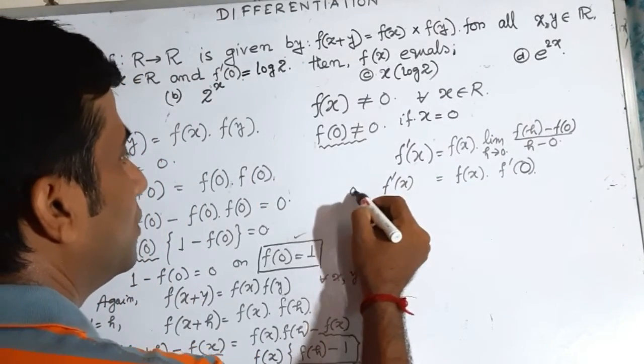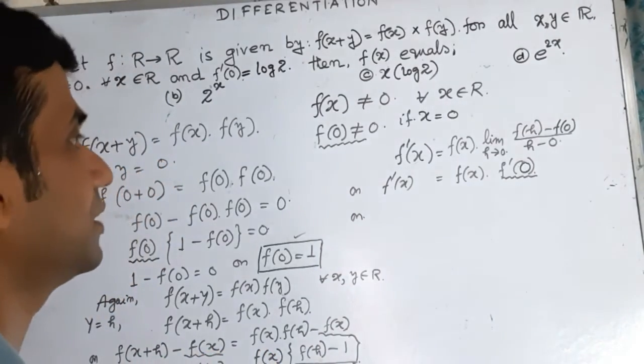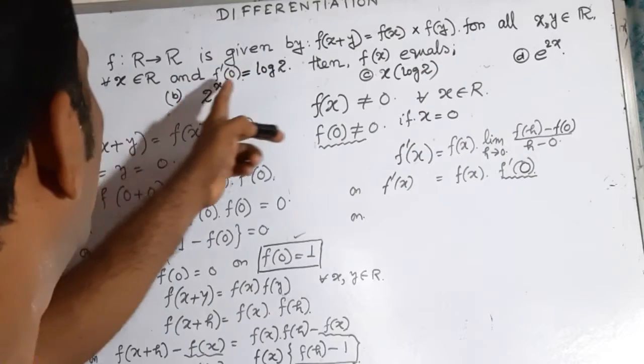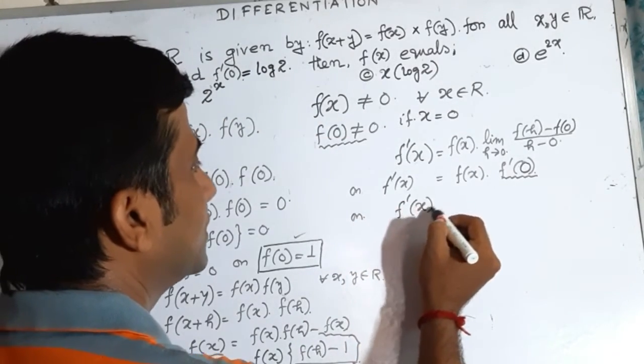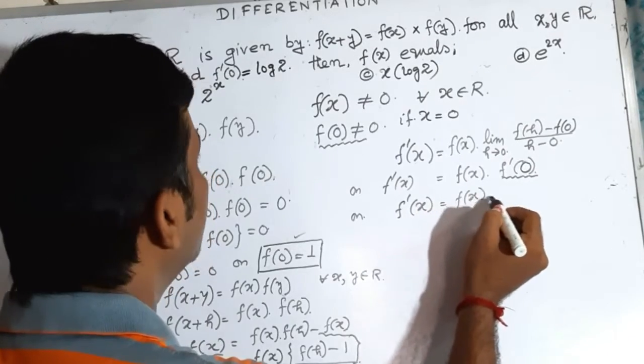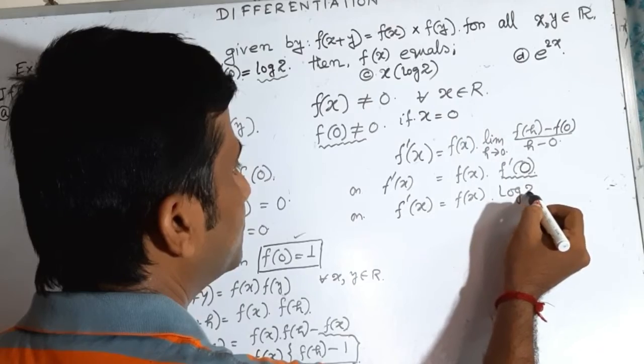It is given that f dash 0 is equal to log 2. So from here we get f dash x is equal to f of x into f dash 0, which means log 2.